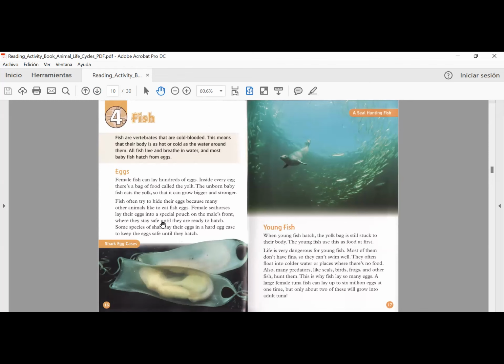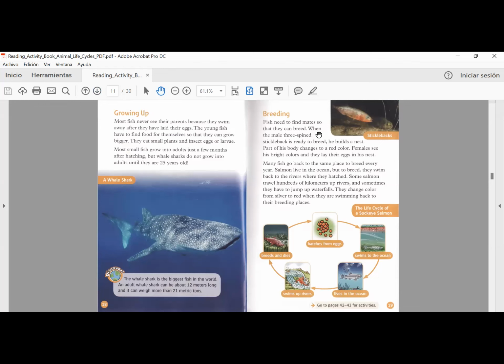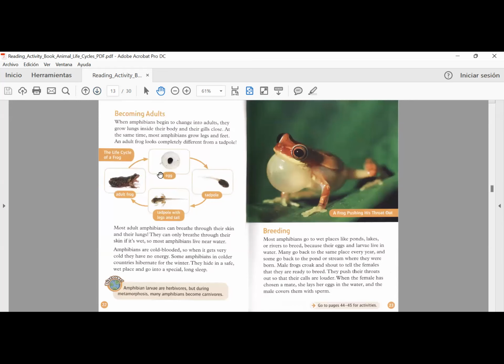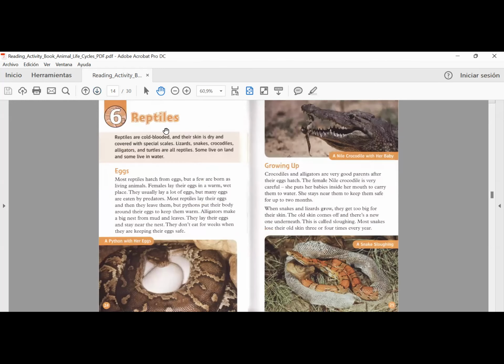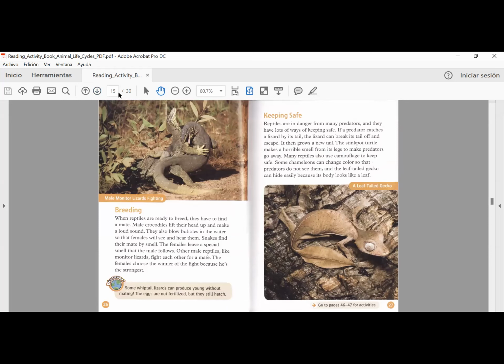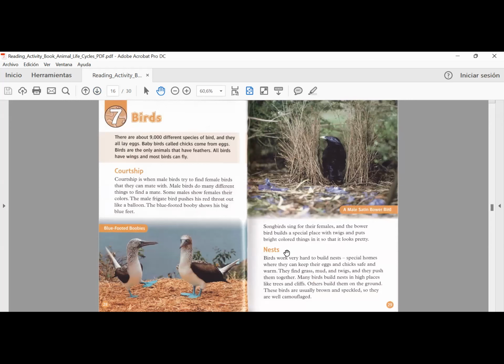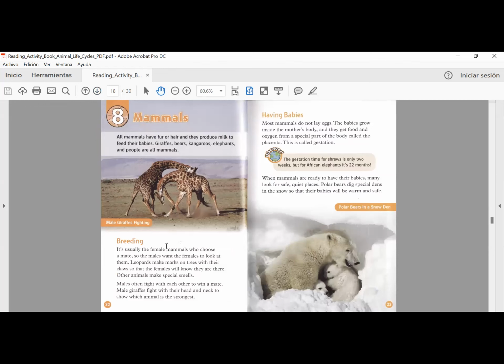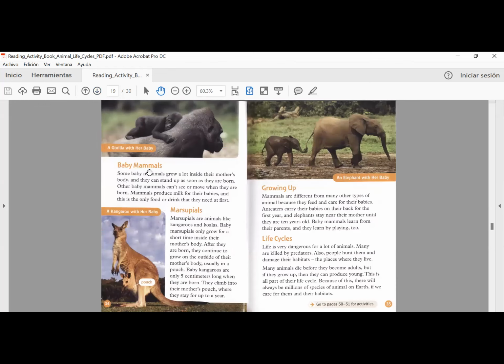Then you're going to read about fish, about the eggs, young fish, growing up, the breeding of fish, amphibians, about the metamorphosis of amphibians, the eggs and larvae, when they become, the cycle to become adults and the breeding, about reptiles with the eggs growing up, the breeding and keeping safe, birds, courtship, nests, eggs, chicks and growing up, mammals, breeding, having babies, baby mammals, life cycles, marsupials.